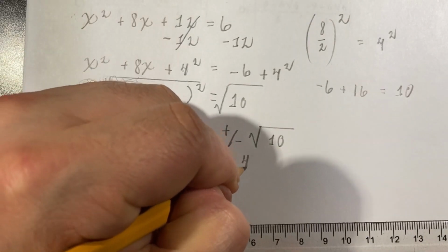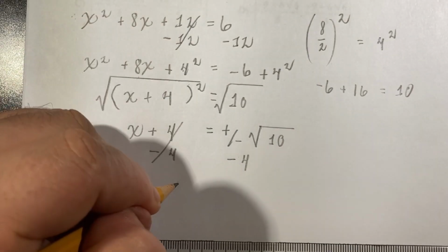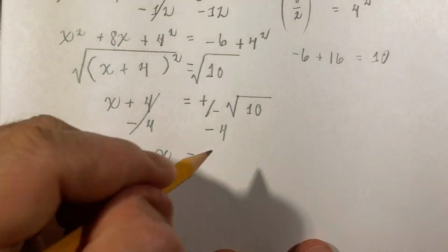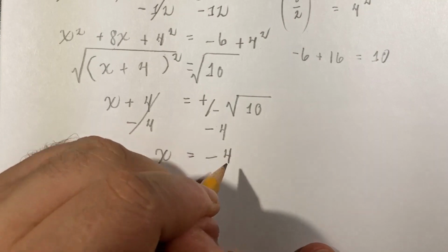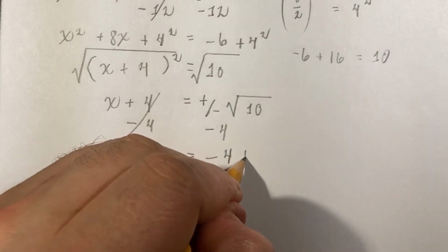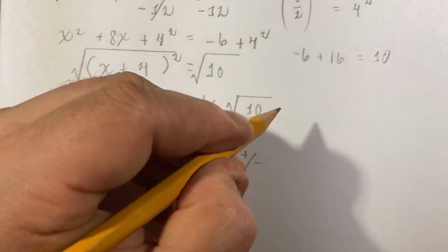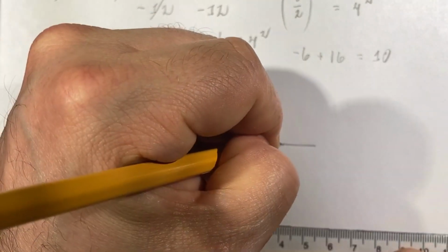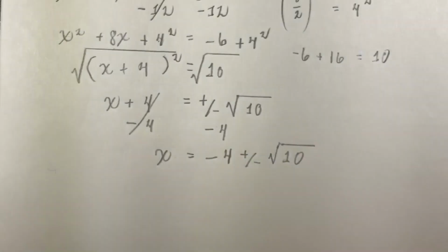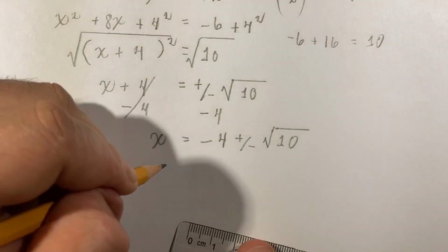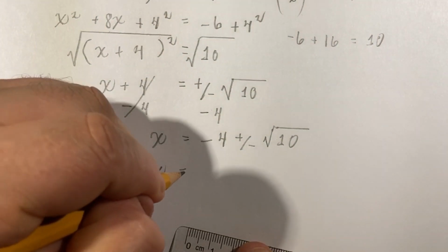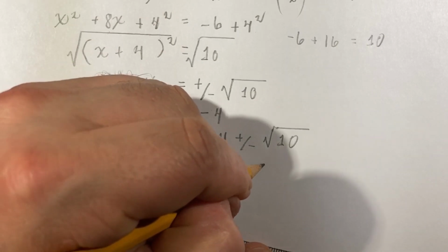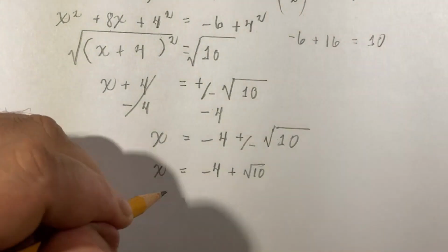Subtract 4 from both sides to isolate the x variable, and you have x equals -4 plus or minus the square root of 10. And so you got those two solutions, remember? You got x equals -4 plus square root 10. And that's x1.